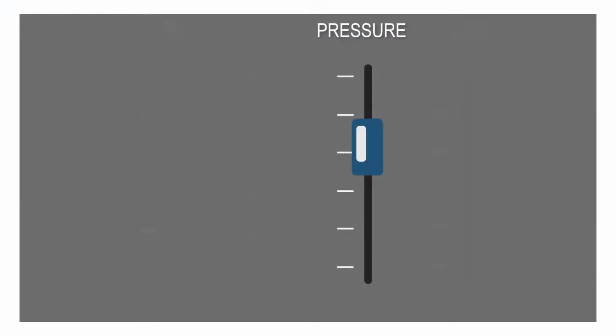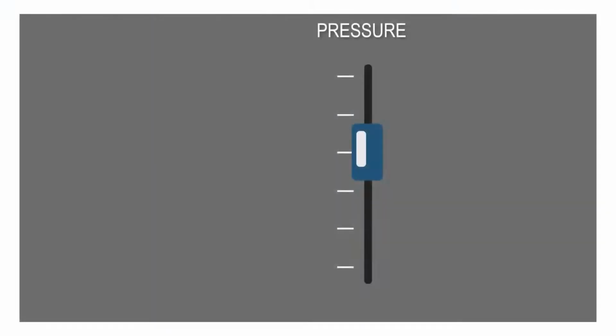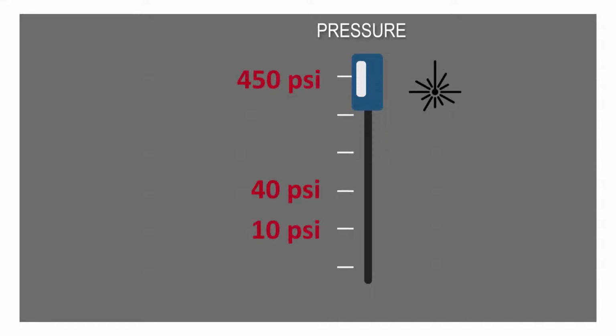Moving on to the issue of the required pressure. Clearly, the pressure needs to be high enough to meet the need. But the pressure at which the nitrogen is produced also impacts the capital cost and the operating cost of the generator. To give you some examples, for laser cutting maybe around 450 pounds per square inch is required.